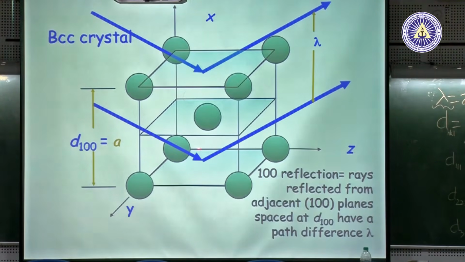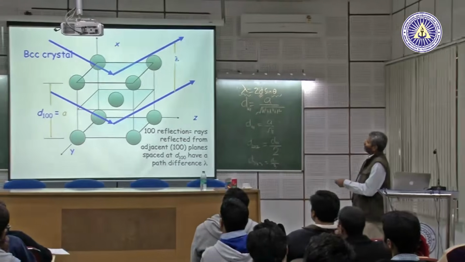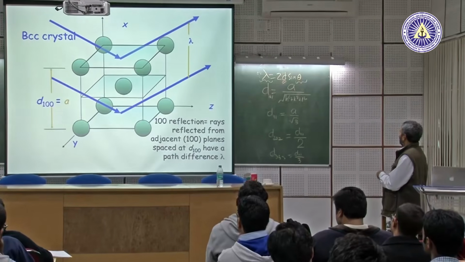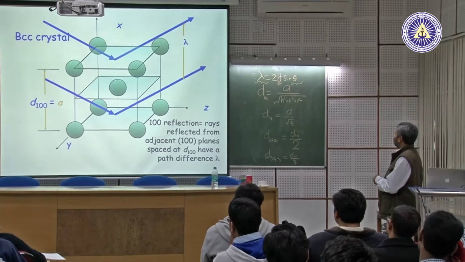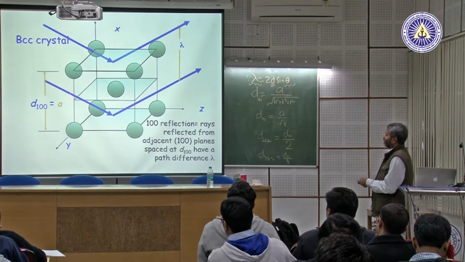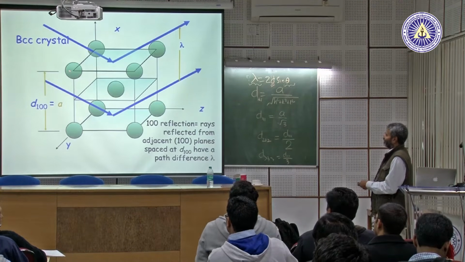Now, something called systematic absences, a very important part of X-ray diffraction. Let us look at the BCC crystal. By our definition of d, if you find 100, d 100 is equal to a. So, a is the cube edge length. So, d 100 becomes the cube edge length.